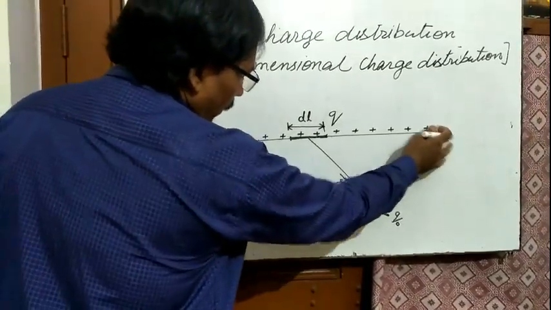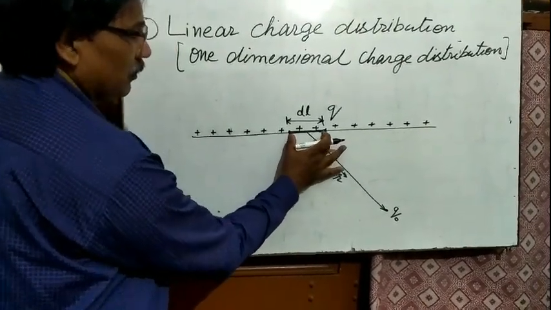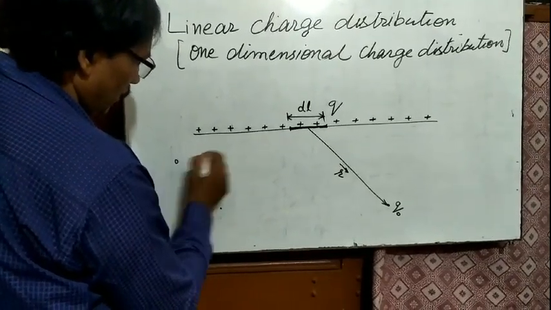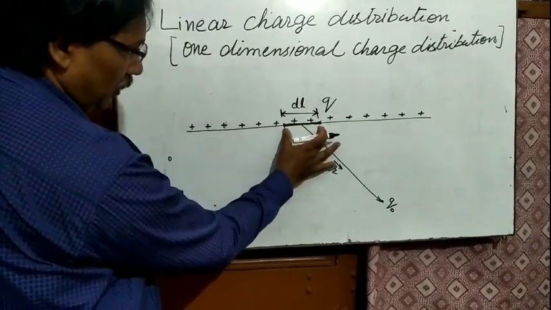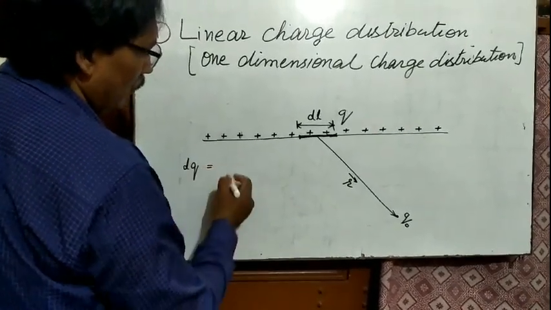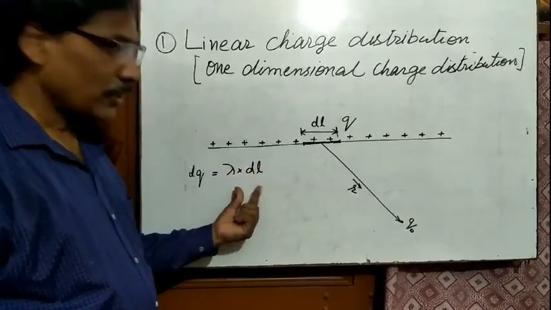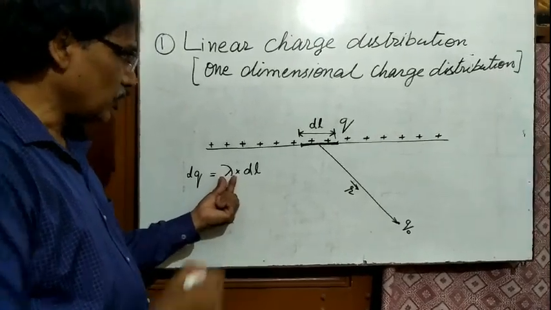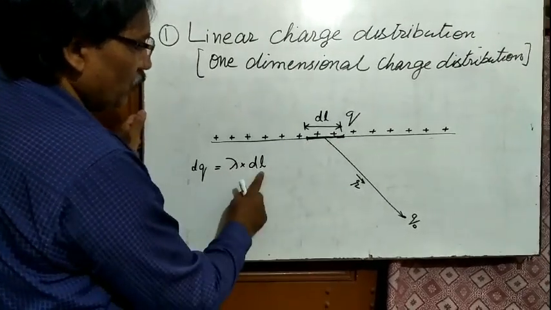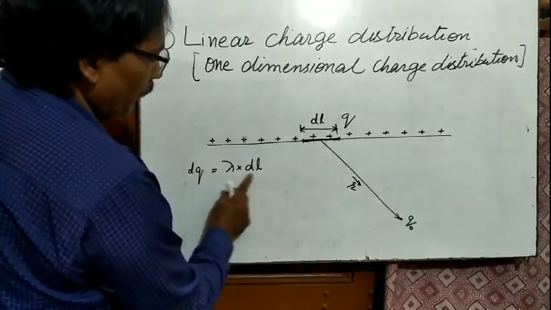If the linear charge density is lambda, then what will be the total charge in this length? A small charge which is distributed in length dl, dq, is equal to lambda into dl. This is charge per unit length. Unit length contains lambda charge. So what will be the charge in length dl? Lambda into dl.